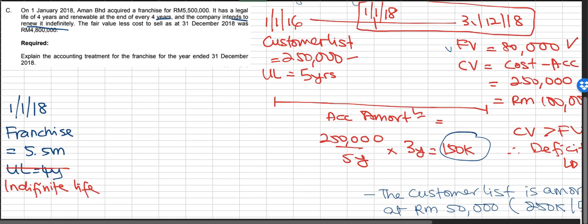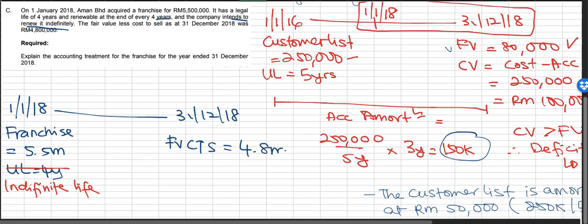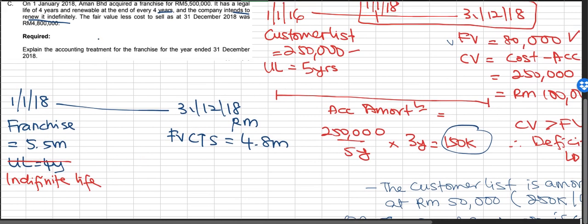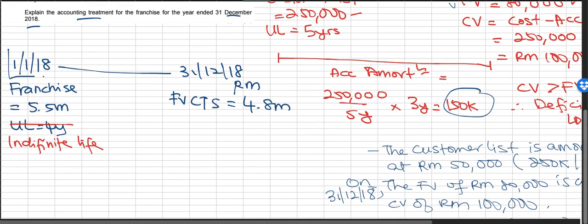The fair value less cost to sell on 31st December 18 was 4.8 million. Explain the accounting treatment for the franchise for the year ended 31st December 18. So you have to explain everything that happened throughout this year.